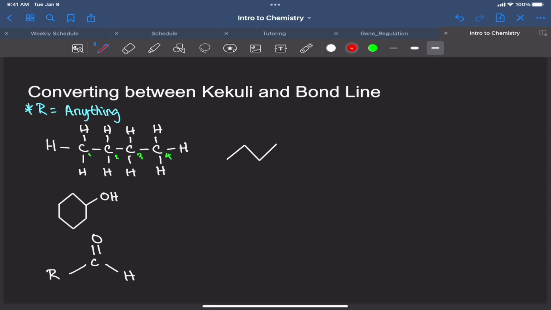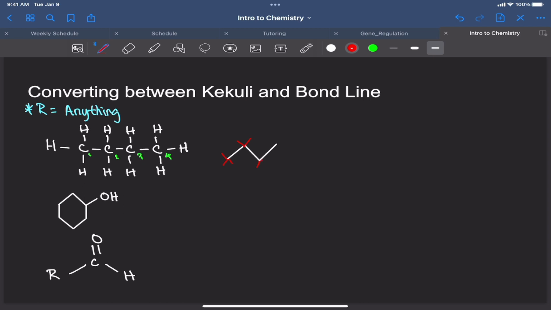And let's make sure, if we draw in our implied hydrogens, this carbon here is attached to one other carbon right there. So that means it needs 4 bonds. It's bonded to one thing, it needs 3 hydrogens. The carbon right next to it is bonded to 1 carbon. It's also bonded to a second carbon. 4 bonds minus 2 existing bonds means it just needs 2 hydrogens.